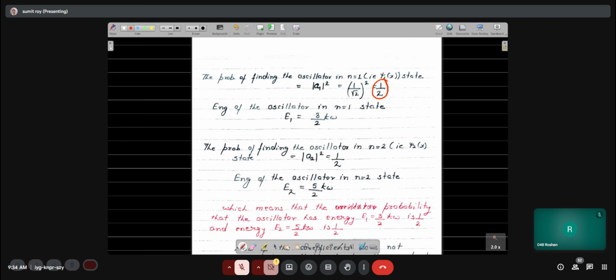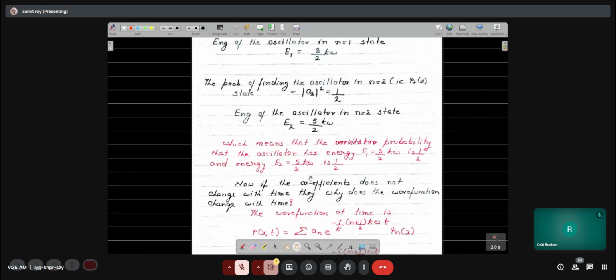Yes, sir. Energy of the oscillator if n equals 1 is 3/2 ħω. Correct? Yes, sir. हाँ बोलो, कुछ डाउट है? नो। n इक्वल टू 2 में मिलने का प्रोबेबिलिटी भी कितना होगा? तो 1/√2 का स्क्वायर, कोफिशिएंट का स्क्वायर। और इस स्टेट का एनर्जी कितना है? तो 5/2 ħω। ठीक है?